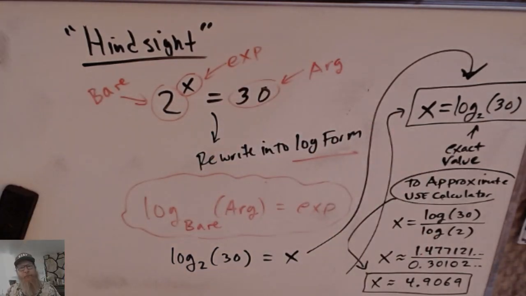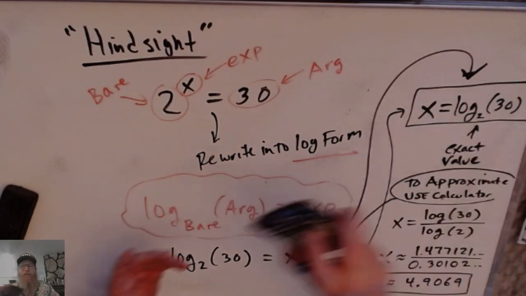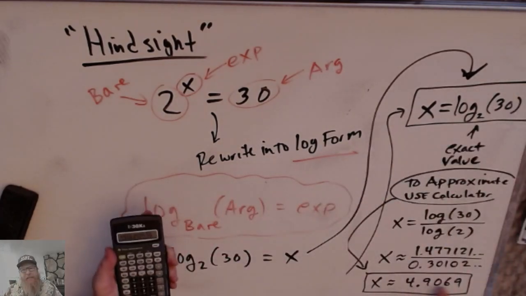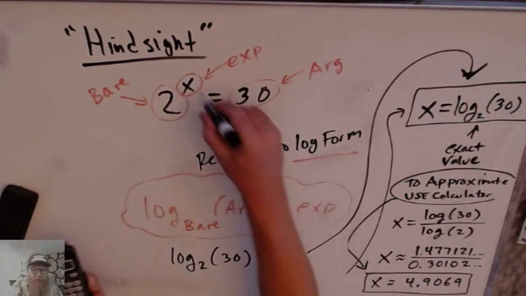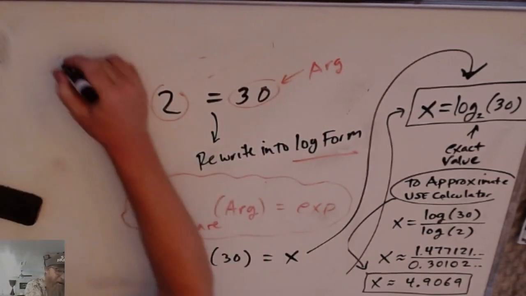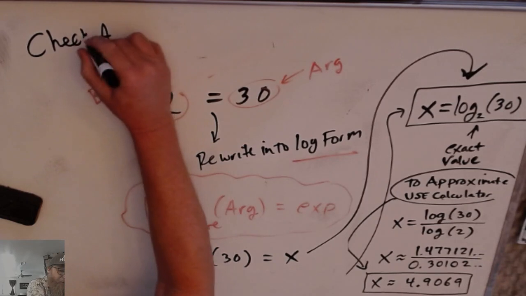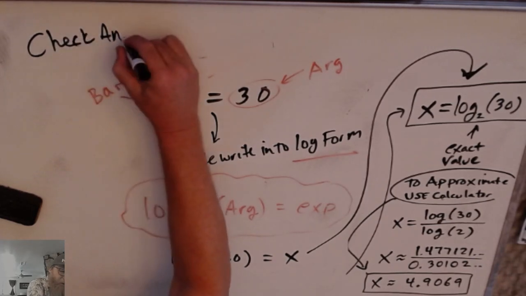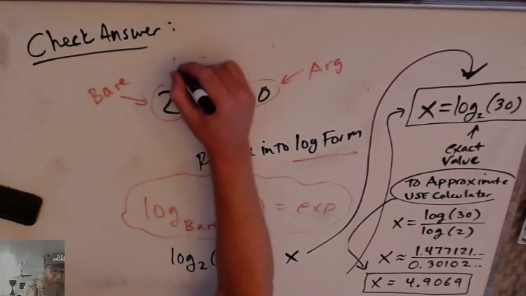Not only that, but now that you've done the problem, you could take this decimal and you could plug it in right here. It's very easy to check. You are allowed a calculator, so take advantage of that.